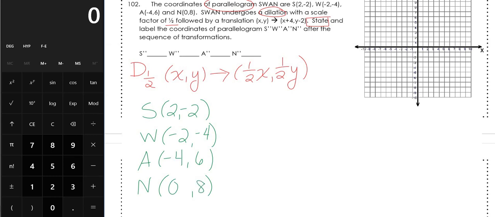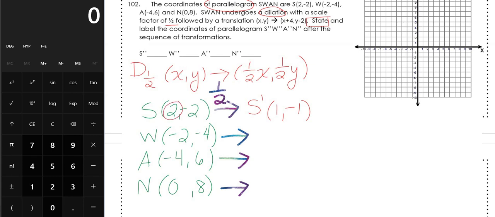Okay, so let's go ahead and multiply. All of these will be multiplied by 1/2. So for the first one, S prime is going to be 1, -1, because 2 times 1/2 is 1, -2 times 1/2 is -1.